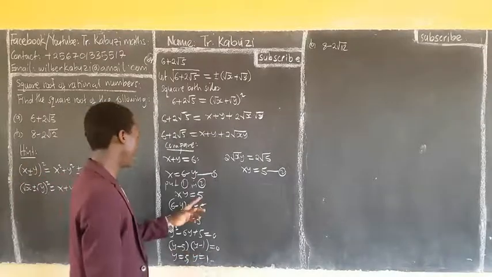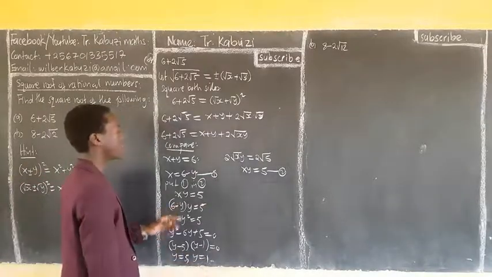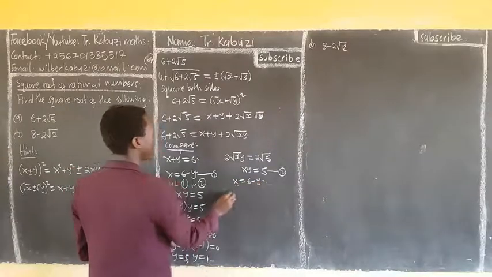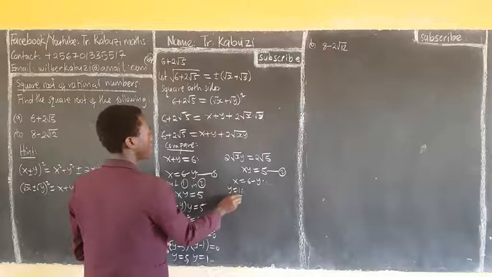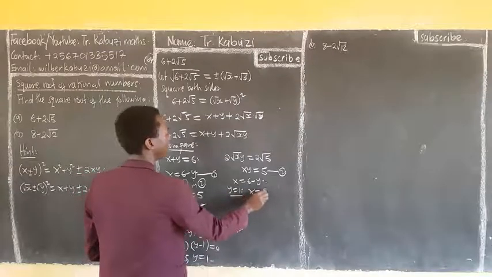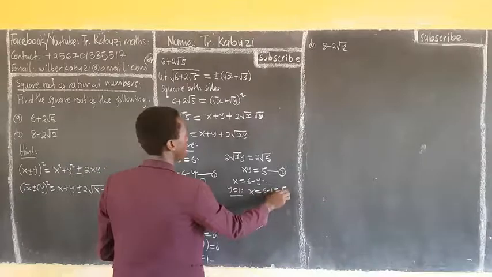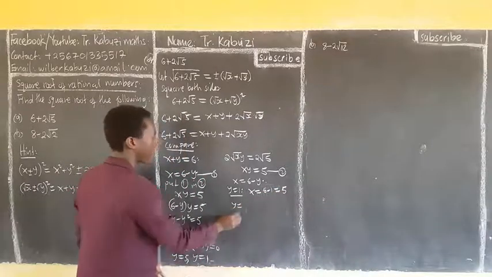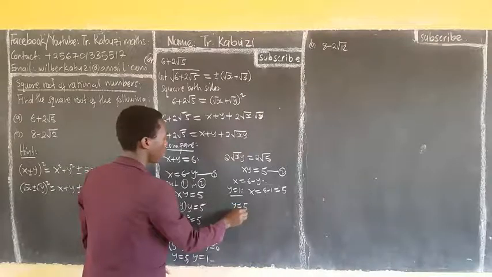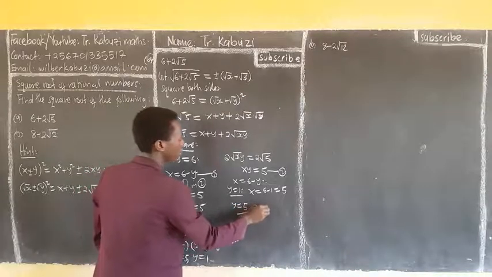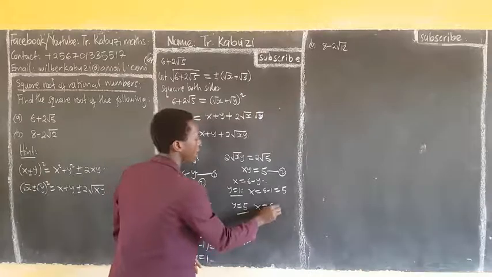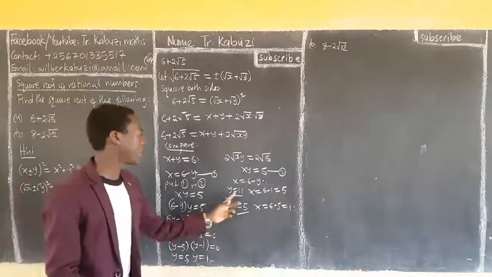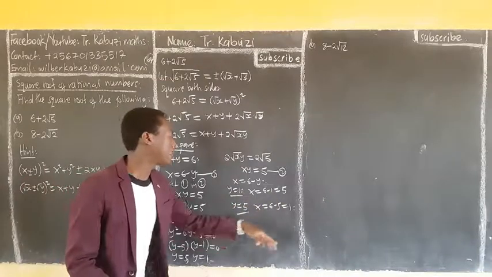From there, if you have the values of y, you can get the values of x. Your x is 6 minus y. So when y is 1, your x is going to be 6 minus 1, which would be 5. When y is 5, we have x equaling 6 minus 5, which would be 1. So you take any pair you want. It's up to you.